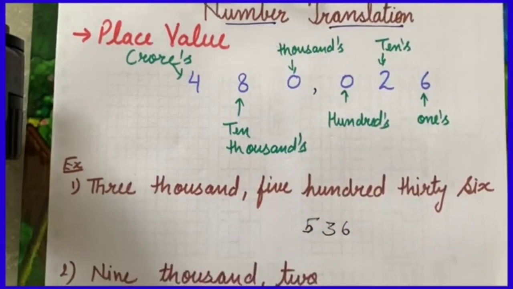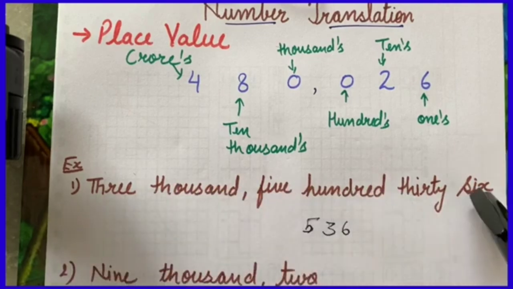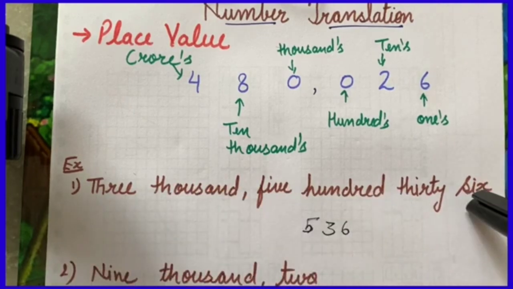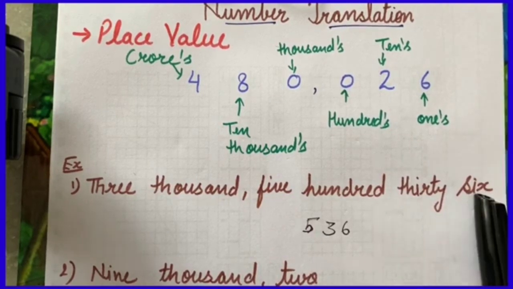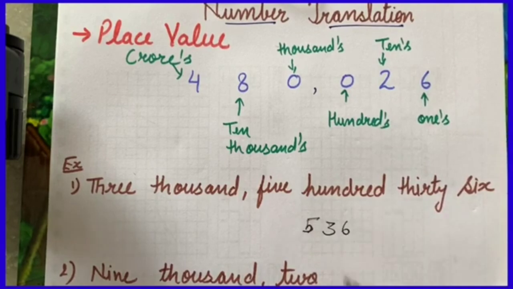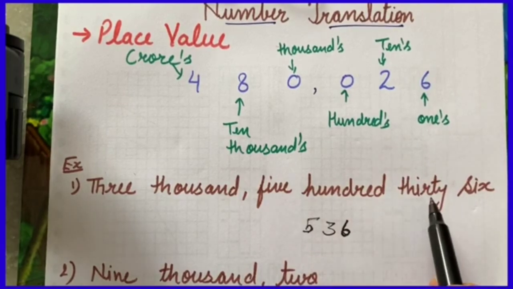Let's take an example to understand this number translation. The question is given: 3,536. In this translation also we will start from the rightmost corner. So the first digit is 6. So we'll write 6 at the ones place. Then 30, 3 tens makes 30.